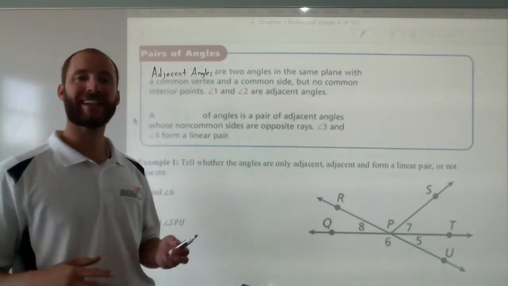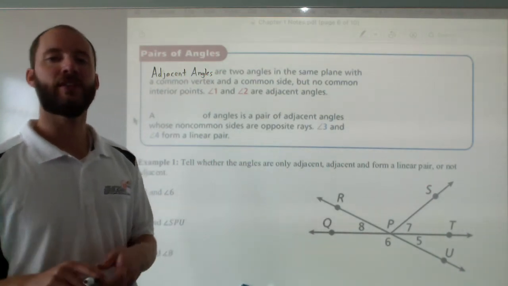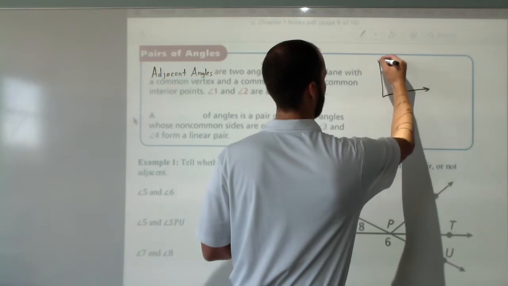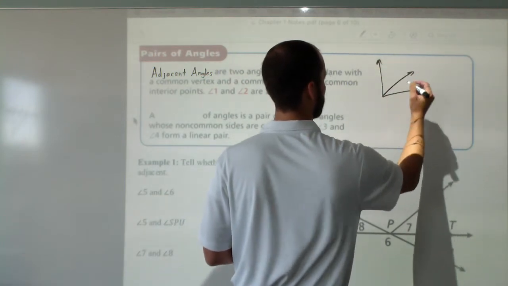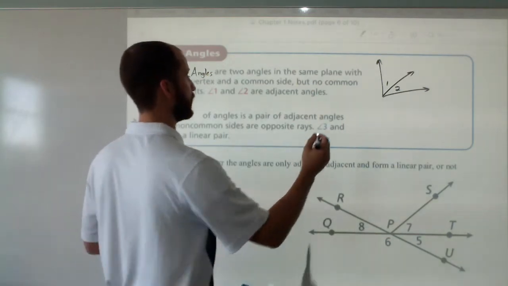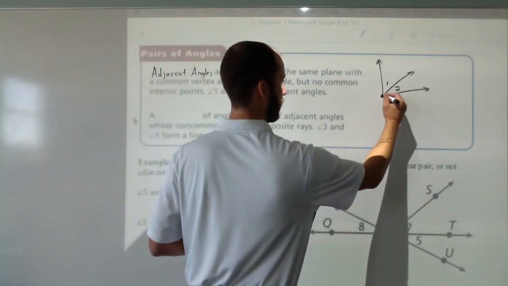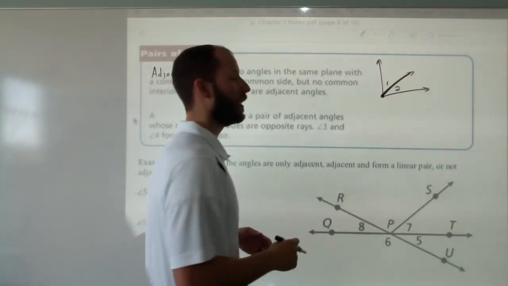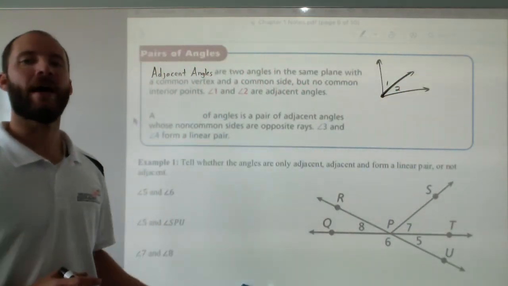All right, so they are directly next to each other. They do not overlap. So right here, we have two angles next to each other, call those 1 and 2. They have the common vertex right there. They have the common side right there, but they do not overlap, okay?